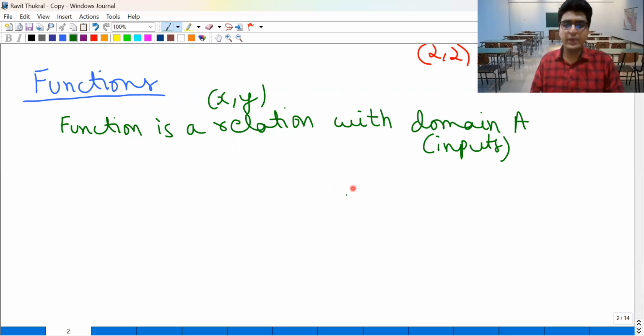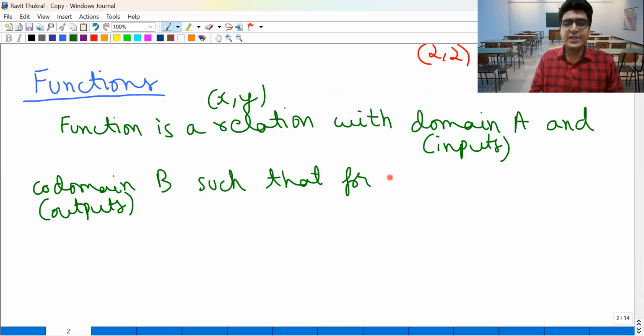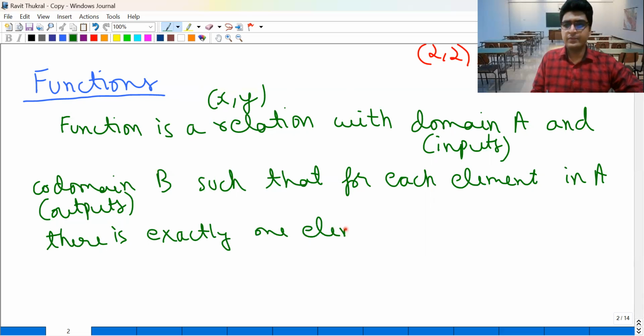So function is a relation with domain A and codomain B. So codomain is the set of outputs. Okay, such that for each element in A, there is exactly one element in B.